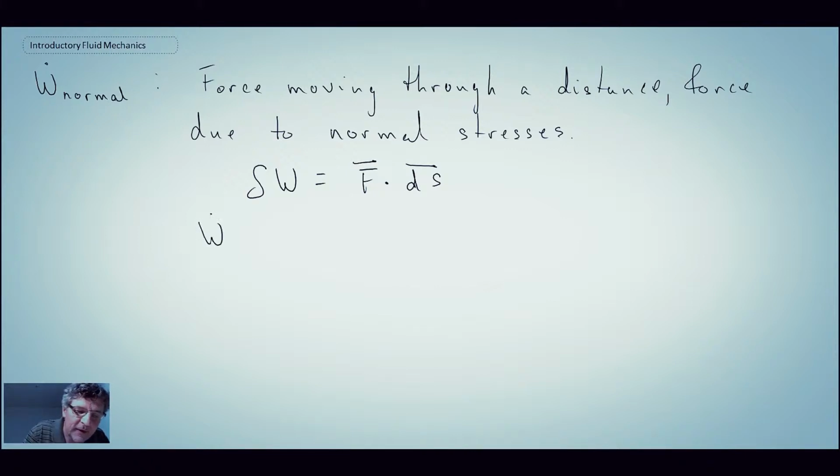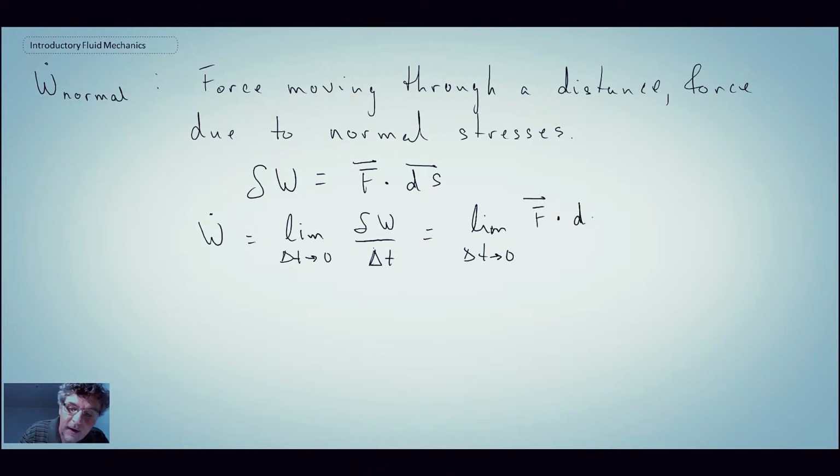Now we're interested in the time rate of change of that, so we want joules per second or watts, and for that we're going to do it in the limit as delta t goes to 0 of delta W divided by delta t, putting in what we have for delta W. That's F dot ds, the distance over which the force is acting, divided by delta t.